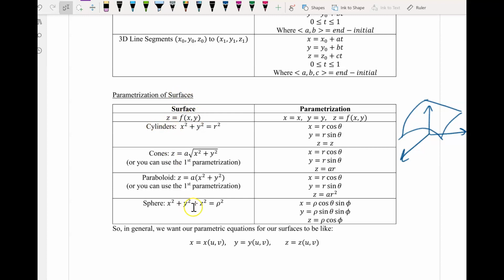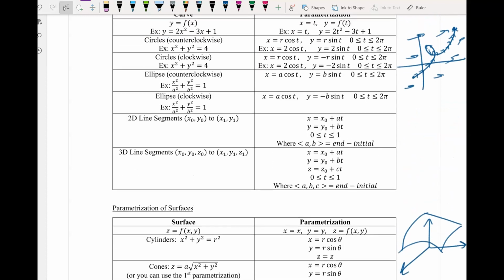Here is a really quick and easy way to parametrize a couple of things. To parametrize a function of x and y, it's pretty easy. Just let x equal x, y equal y, and z equal f of x comma y. You could also let x equal u, y equal v, and z equal f of u comma v. Before, our parameter was t.